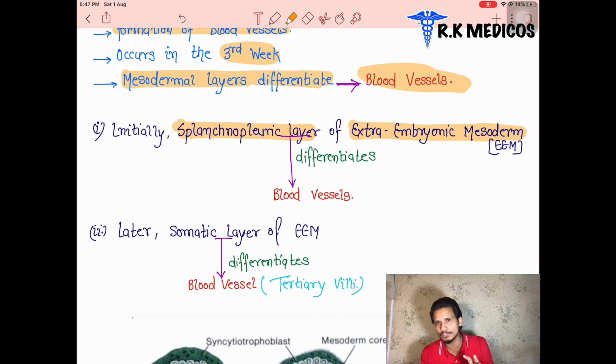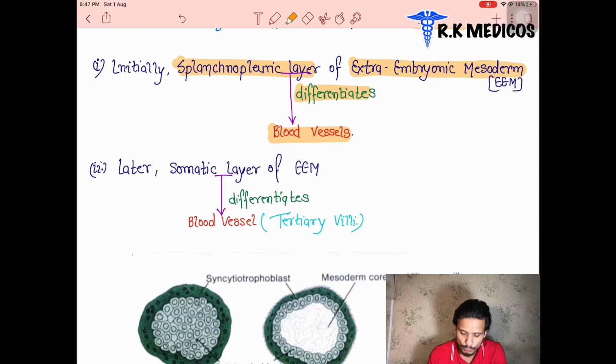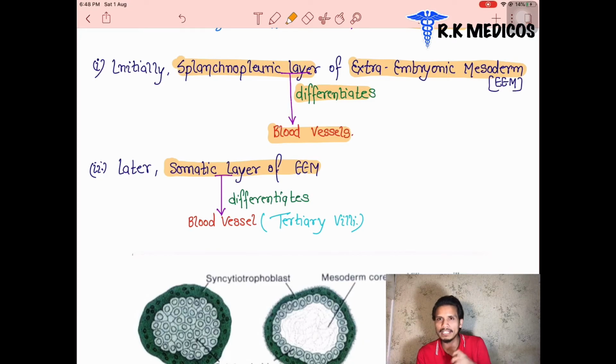The differentiation of the splanchnopleuric layer of extra embryonic mesoderm is the first time forming blood vessels. Later on, blood vessels are also formed by the somatic layer of extra embryonic mesoderm. EM is your extra embryonic mesoderm. So the somatic layer forms blood vessels later on, but initially they are formed by the splanchnopleuric layer.